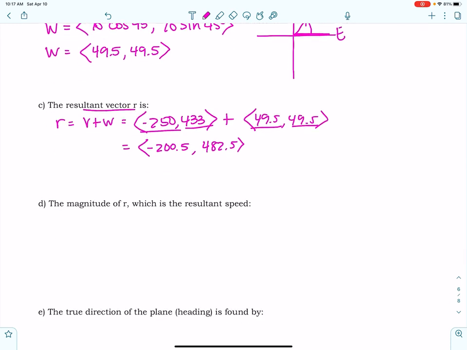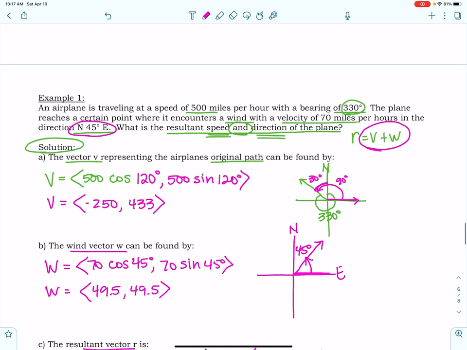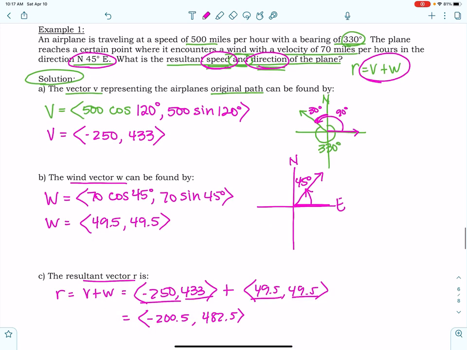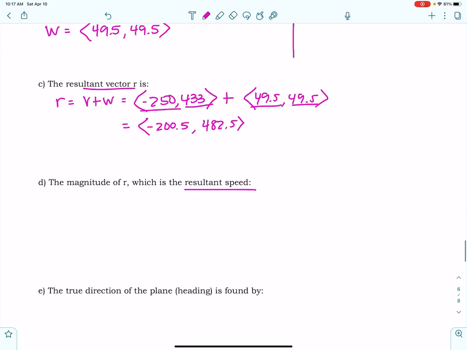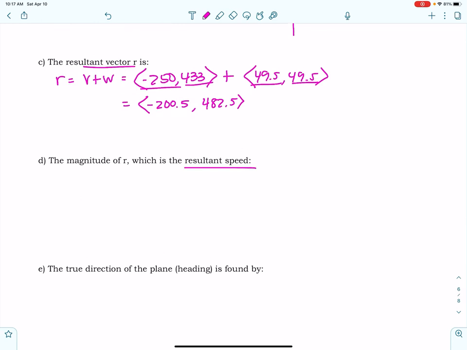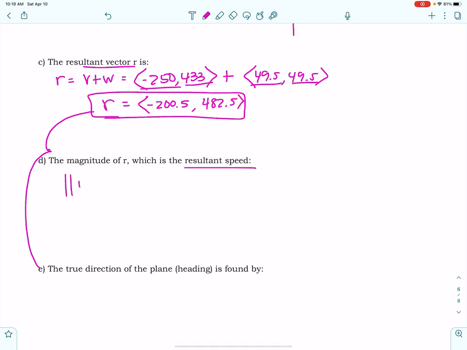Now, the magnitude of r, which is the resultant speed. So remember, always go back to this. I'm looking for the resultant speed and the direction of the airplane. So the magnitude would be my resultant speed. So I'm going to take this, my resultant vector right here, and use it to find the magnitude. All right, so the magnitude of r, remember we use the distance formula.